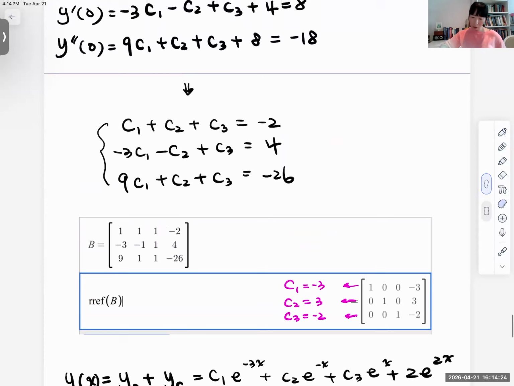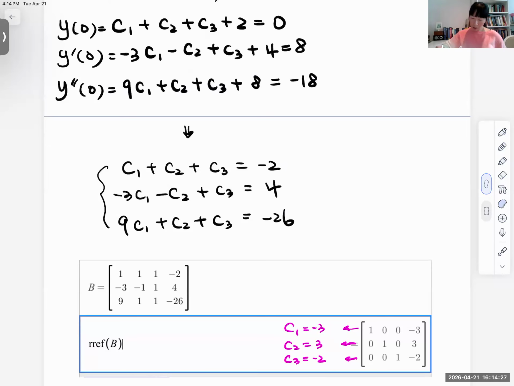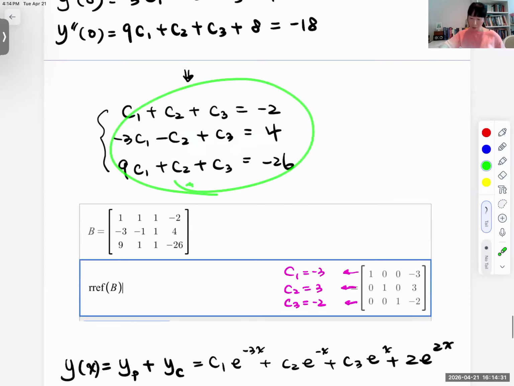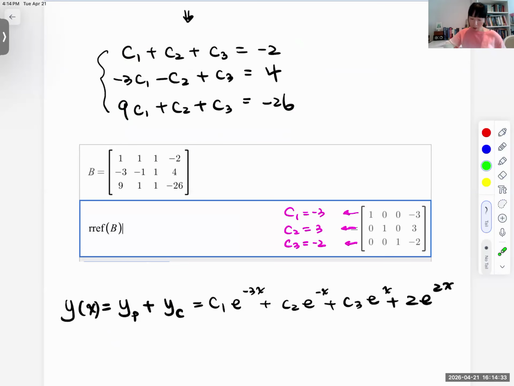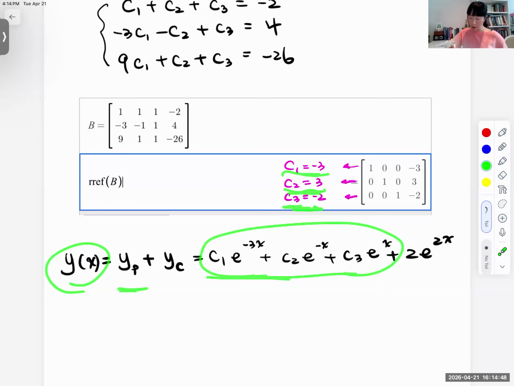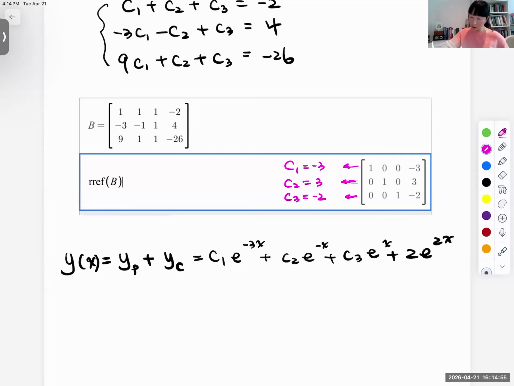Okay, so we got this one, right? And then using decimals, I have c sub 1 equal to negative 3 and c sub 2 equal to positive 3 and c sub 3 equal to negative 2. So we have the equation. So for the particular solution, we substitute all the constant terms, right?